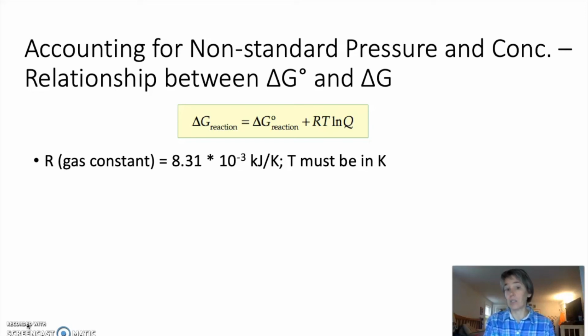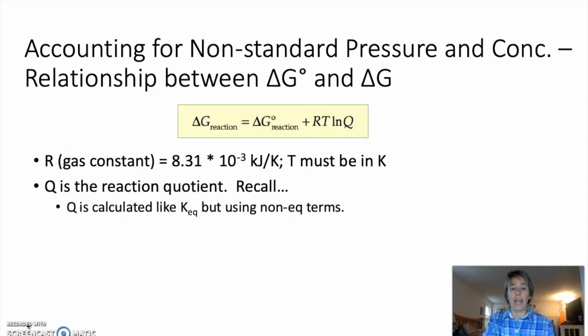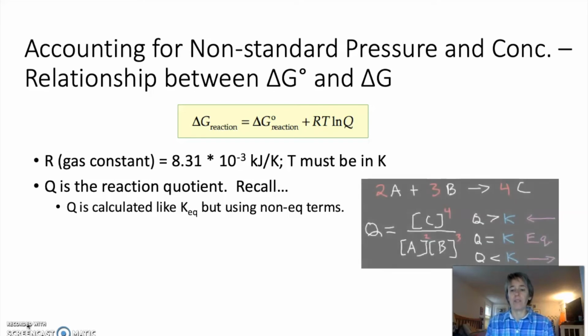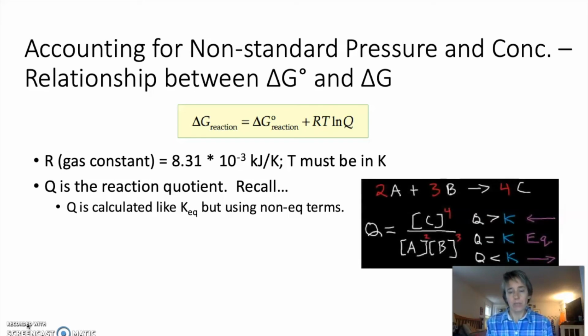We're using kilojoules here because that's what we typically use for the delta G terms. And Q, the reaction quotient: if you remember back to our equilibrium chapter, whenever you have a reaction A plus B yields C, Q is defined just like K, the equilibrium constant. We're just using concentration terms that are not necessarily at equilibrium.